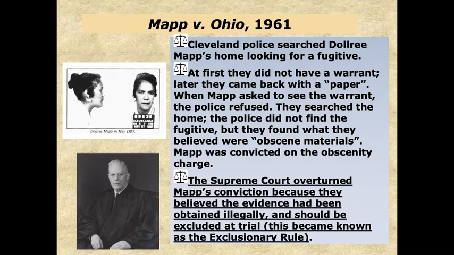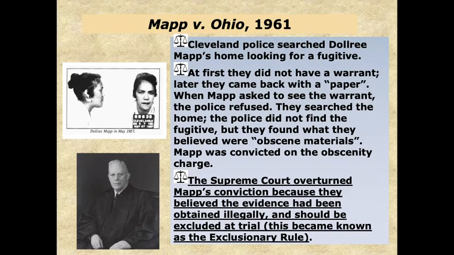And they didn't have a warrant. They came back with a piece of paper, waved it in front of her face, and were like, here, look, warrant. Then they searched her house. They didn't find the fugitive, but what they found was obscene materials that were considered illegal in the state of Ohio. So she instead is charged with obscenity.